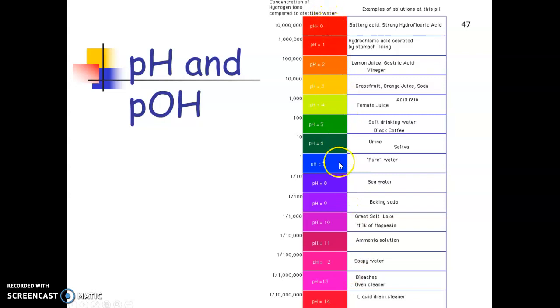And that would be really weird, right? Because a pOH value of 14 would be a strong acid and a pOH value of 0 would be a strong base. So generally speaking, we always use the pH scale in determining whether something is an acid or a base.